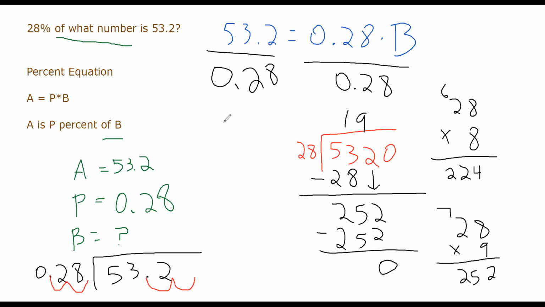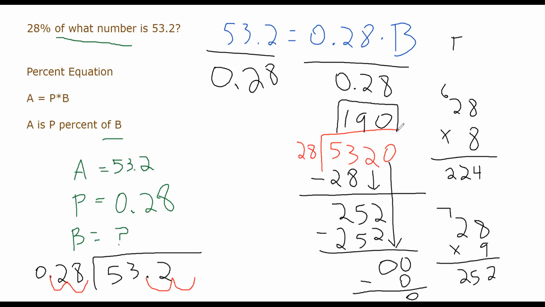Now we're not done. We can't say that 0 is the remainder because we still have business to bring down. So we bring down this last 0. 28 goes into 0 zero times. Now we can say we're done because there's nothing left to bring down. We could do one more step, minus 28 times 0, and that's our remainder of 0. But long story short, 190 is the answer here.